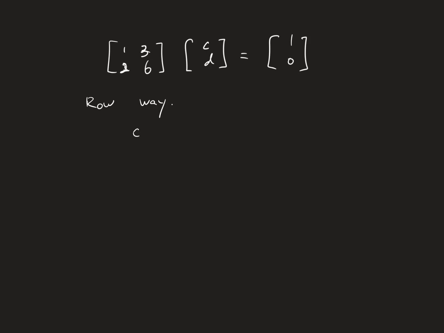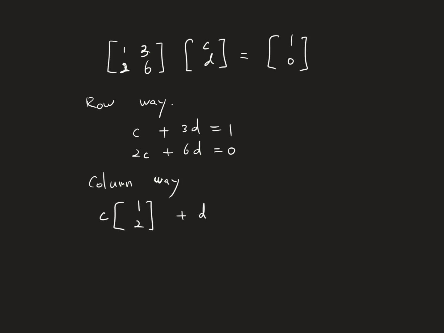And if you write the equation row by row, c plus 3d is 1, and 2c plus 6d is 0. But in column way, what we see is that c and d times 3, 6 is equal to 1, 0.